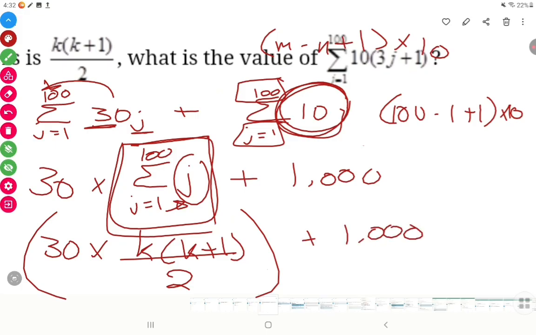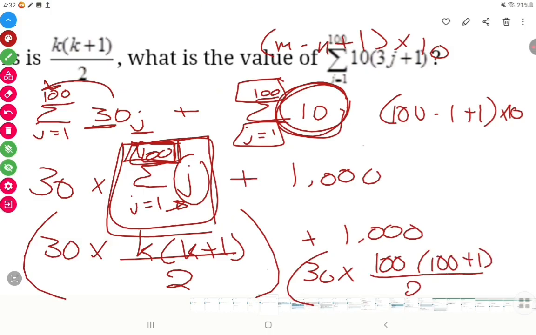But now we have a problem. What's k? k is the number on top of the sigma, okay? So we substitute again: 30 times 100 times 100 plus 1 over 2, plus 1000.